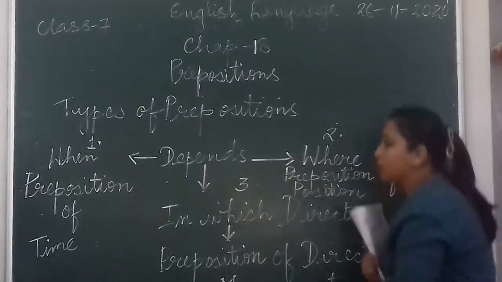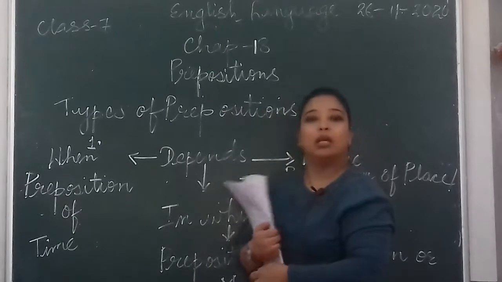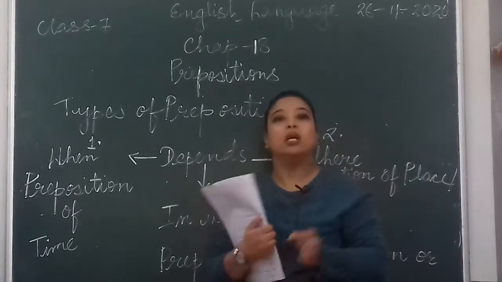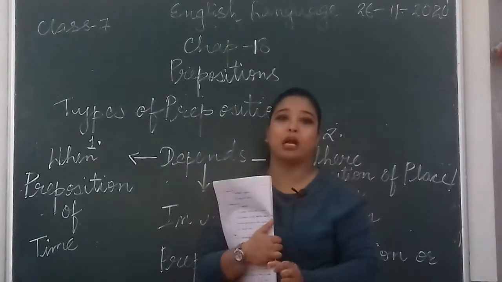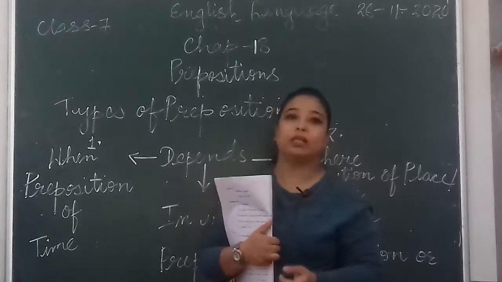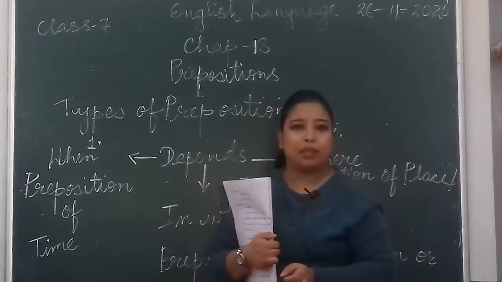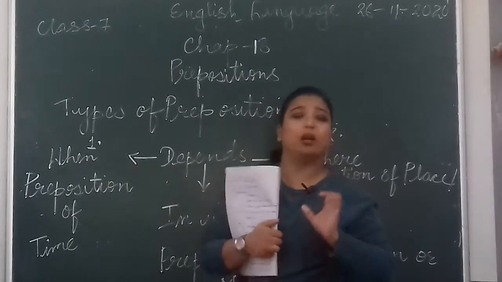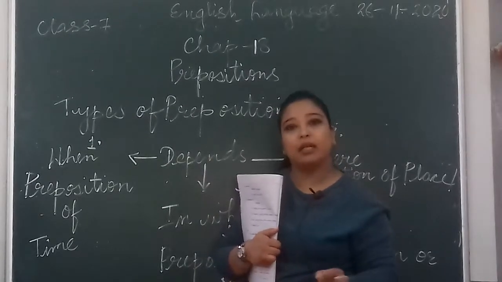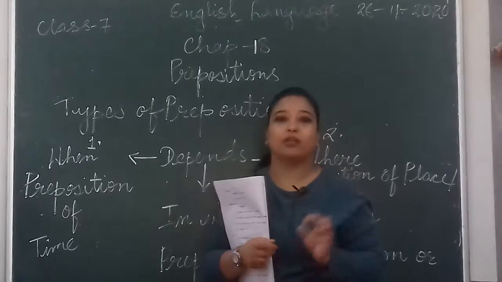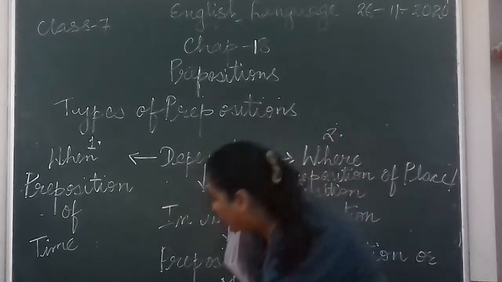Okay, now come to the first one, that is the preposition of time. It talks about the relationship of a noun or a pronoun with other words. Otherwise the meaning would be incomplete, or would not be understandable. That is the reason it acts as a linker, or as a link. Okay, so look at the board.